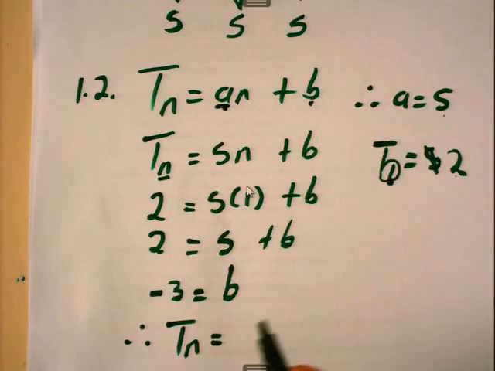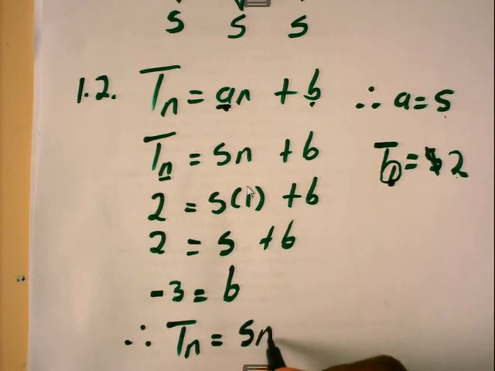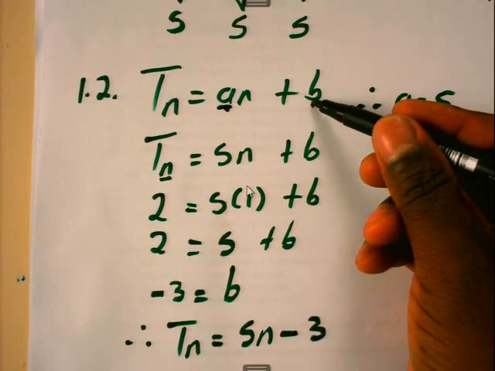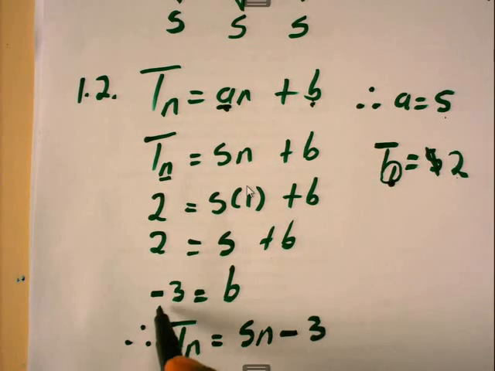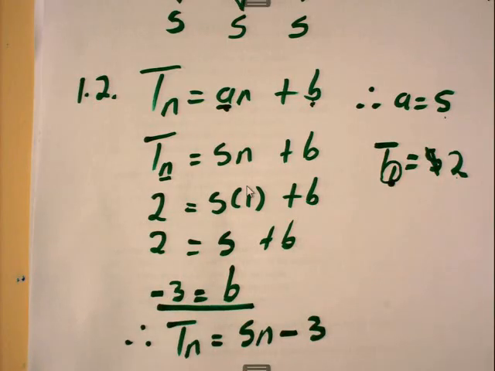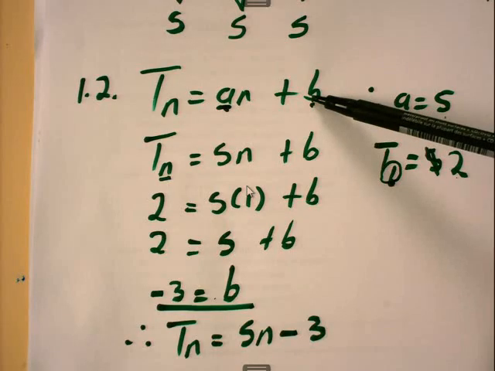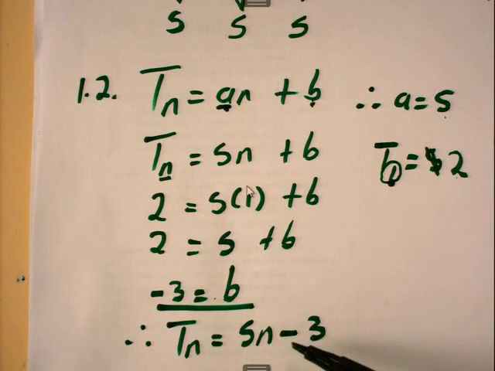Our a is 5. It's going to be 5n minus 3, because the value of b here is negative 3. So we substitute this negative 3 in this formula. Therefore, we've got Tn is equal to 5n minus 3.